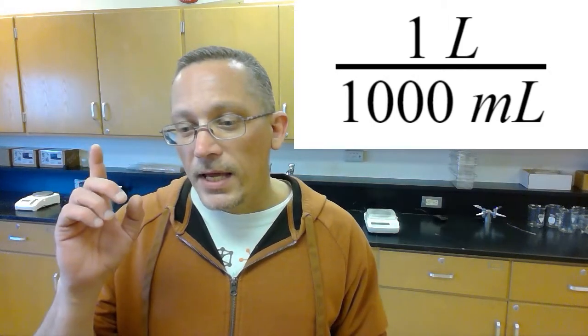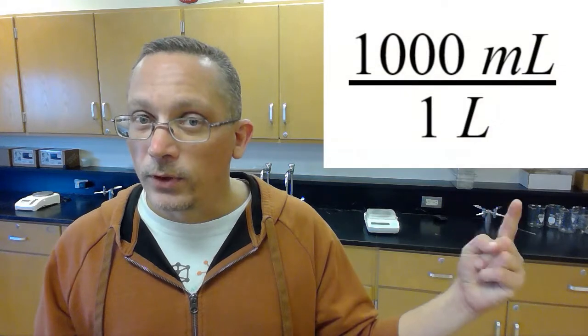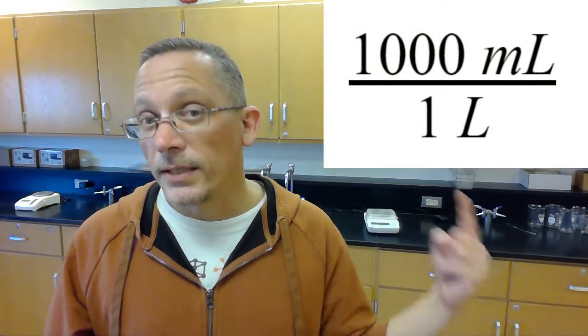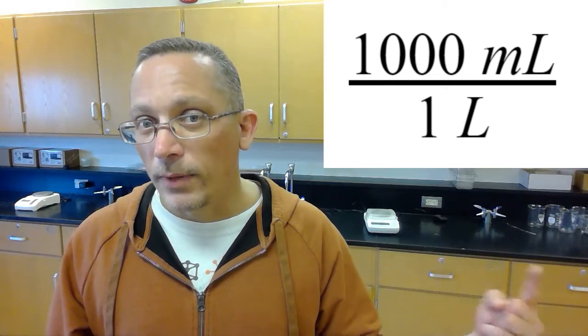Now, if they asked you to find the volume in milliliters, then right before your very last step you will have liters on top, and your very last fraction will have 1,000 milliliters on the top and 1 liter on the bottom.